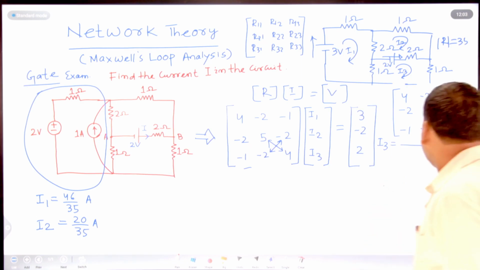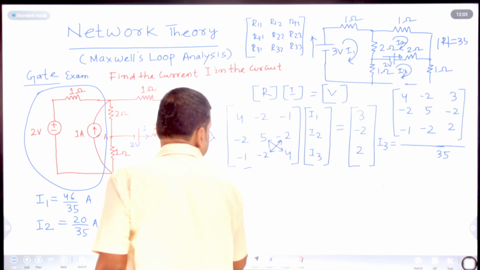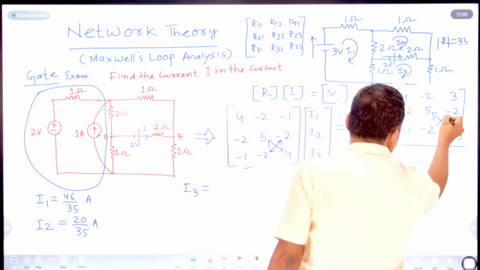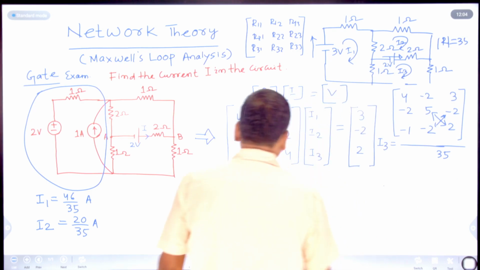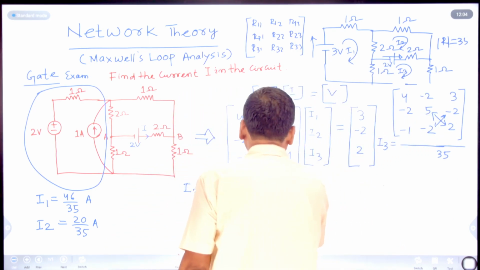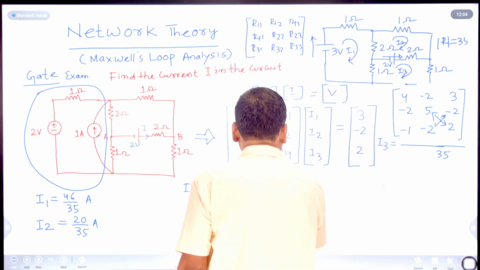Then if you solve this, I3 equals 4 whole into this minus this into this: 4 into 5 into 2, 10, minus minus plus minus minus, that is 4.